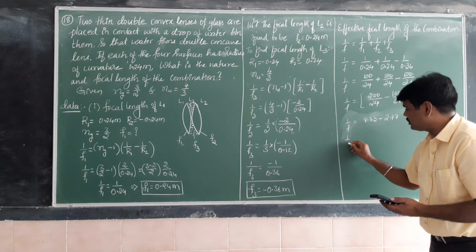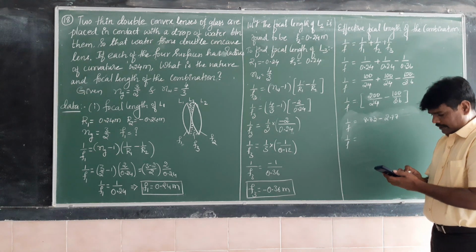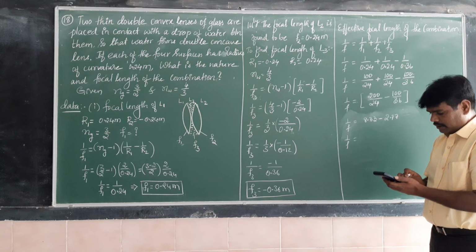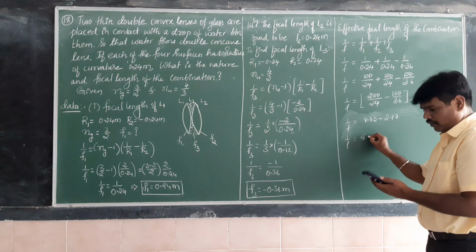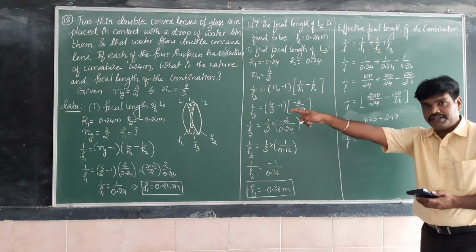If I subtract these two values, 1 by f is equal to 8.33 minus 2.77. We get an answer of 5.56. Actually, this is the power of this combination of lenses.